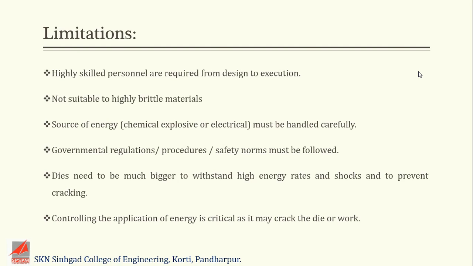Controlling the application of energy is critical, as it may crack the die or the work. In some cases, if energy goes beyond the control of the operator, then it may produce a crack inside the work or it may damage the workpiece. Understood? These are the limitations of high energy rate forming processes.